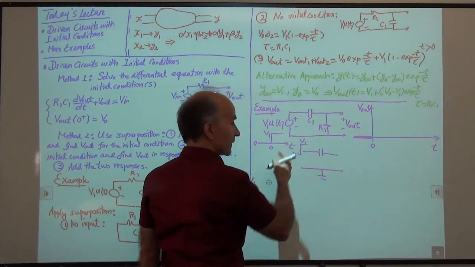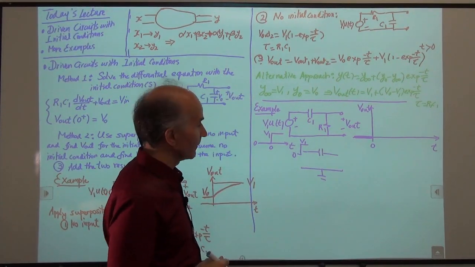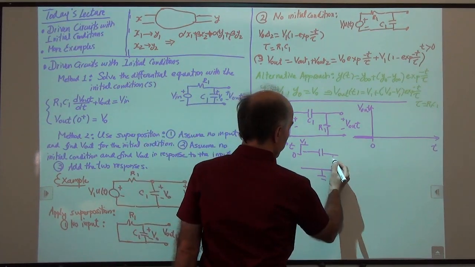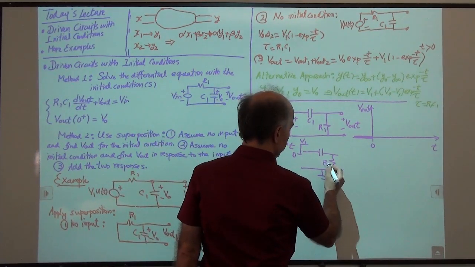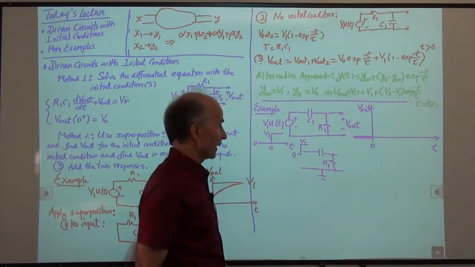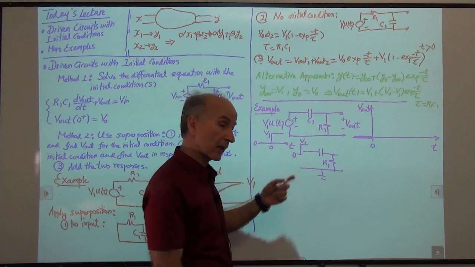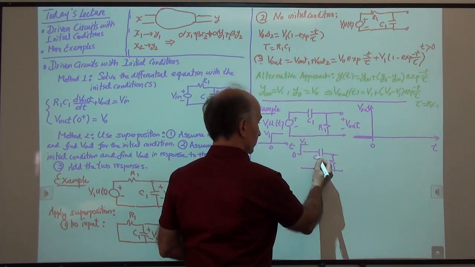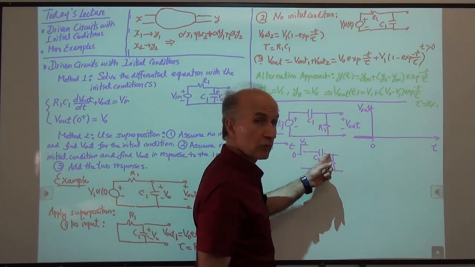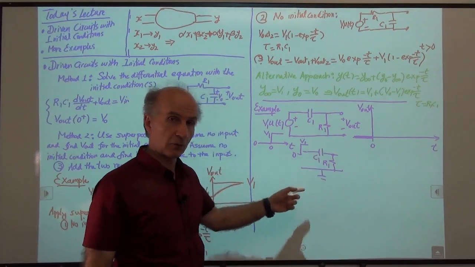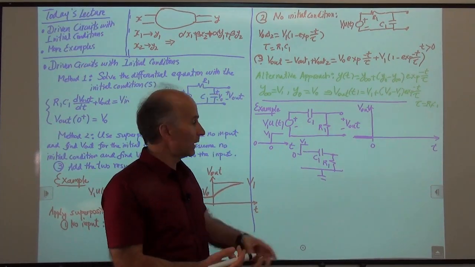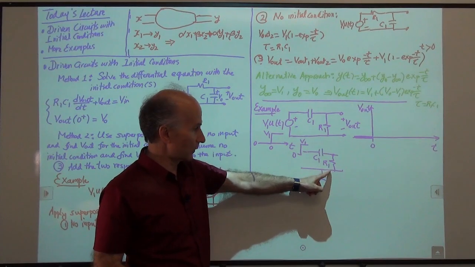This is our reference point. And then we have this resistor sitting here. So if the voltage on the left plate of the capacitor is V1 with respect to ground, how much is the voltage on the right plate of the capacitor with respect to ground? That's what we're trying to find out, because V out happens to be this voltage with respect to ground.